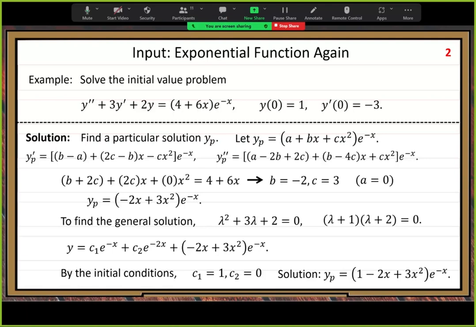So after this example, later you will see when you write the form for your particular solution, you should write in this way. Quadratic function times that e function, because it is second order, so for this pattern, you should use the quadratic function.